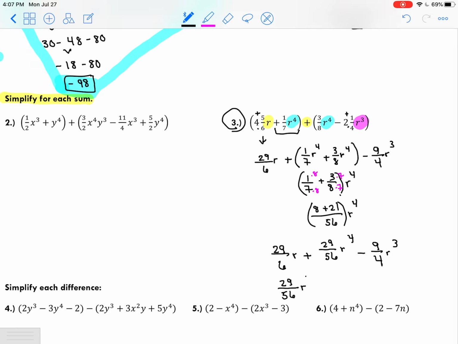So 29/56 r to the fourth minus 9/4 r cubed, since that is the next in the descending order. And then this is a positive, so we're going to write plus 29/6 r. So this is writing all of our terms in descending order, and we know that we don't have anything else to combine.